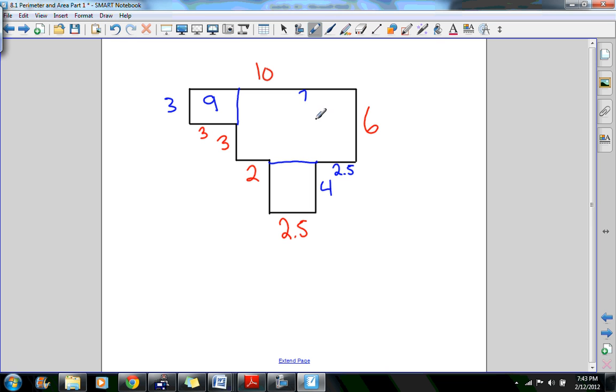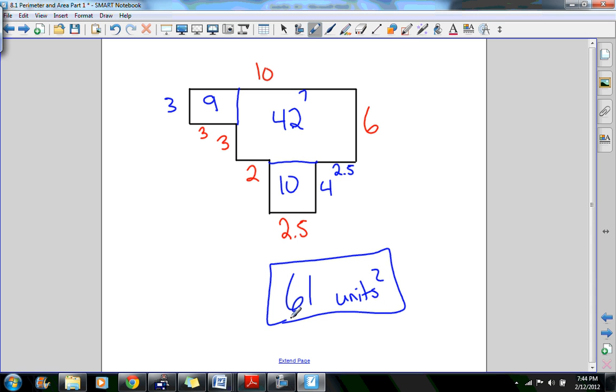Okay, so that means this is 7. This whole height is 6, so that's 42. Whoops. And this piece right here is going to be 2.5 times 4, which is 10. So I got 61 units squared. Does that make sense? Yeah, that seems pretty reasonable. 61 units squared. There you go.